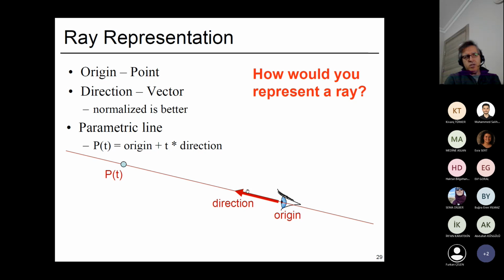And then you need a direction, which is 2 degrees of freedom. And then you'll have this t parameter. So the ray is going to be parameterized by a single parameter, given that the direction and origin are known. T is the distance between your origin and your point of interest on that ray.